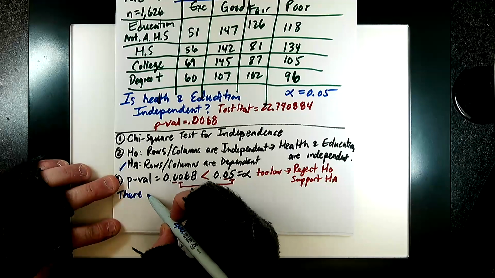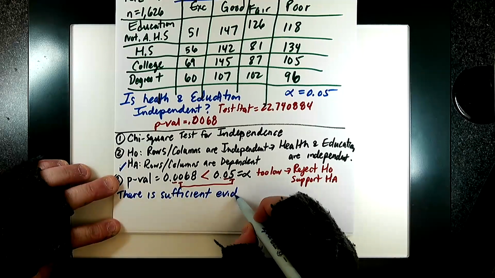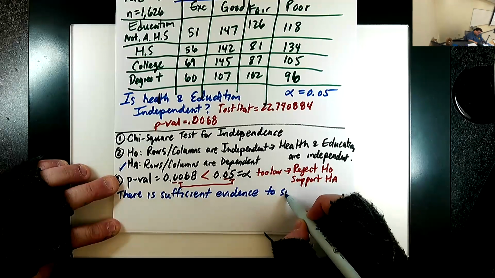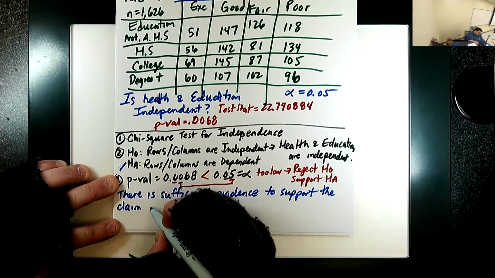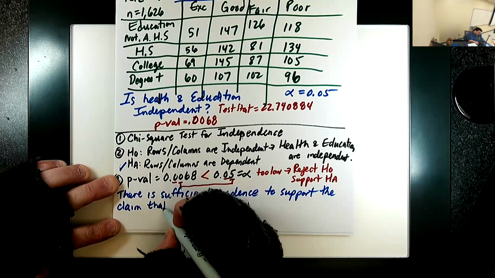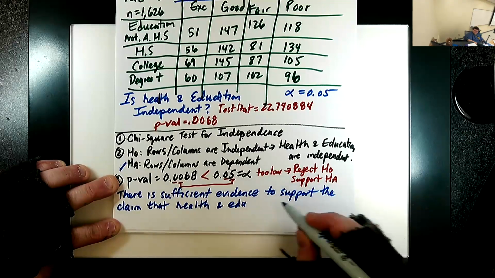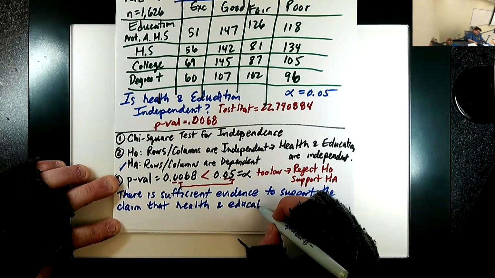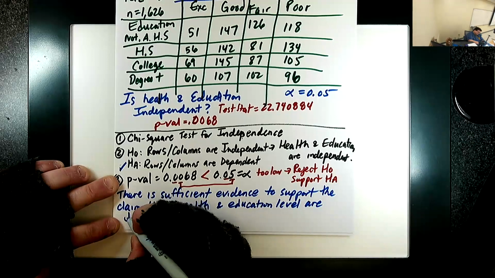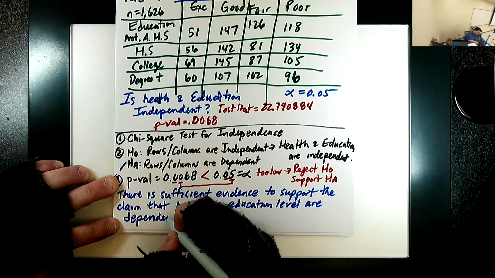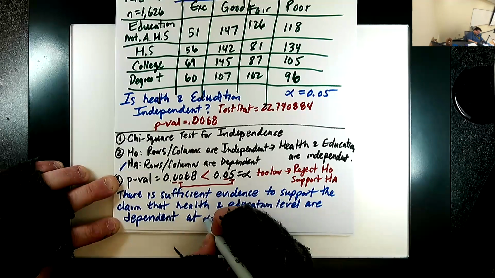There is sufficient evidence to support the claim that health and education level are dependent. At alpha equals 0.05 level of significance.